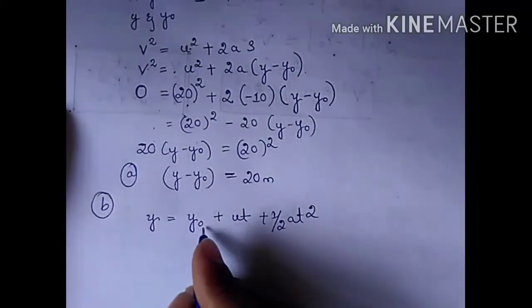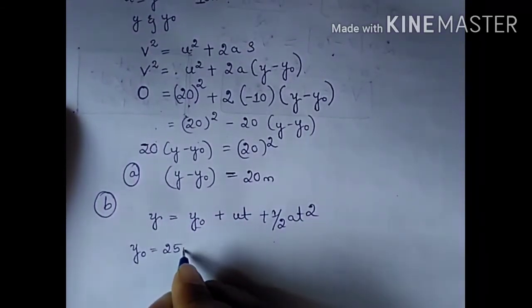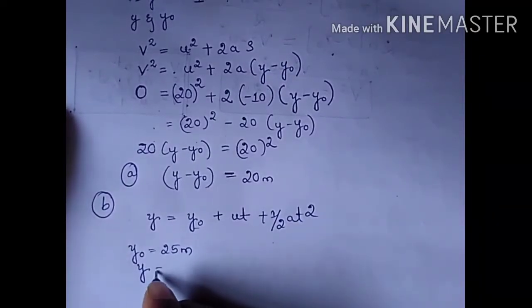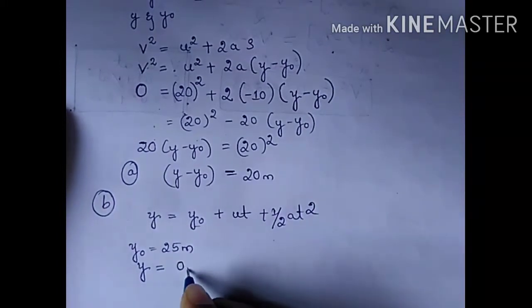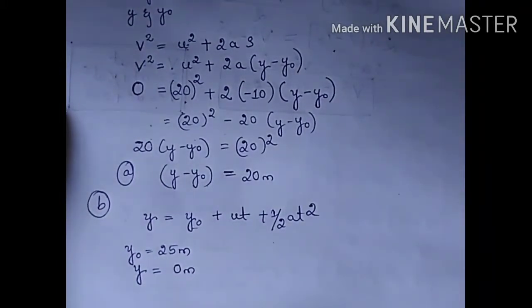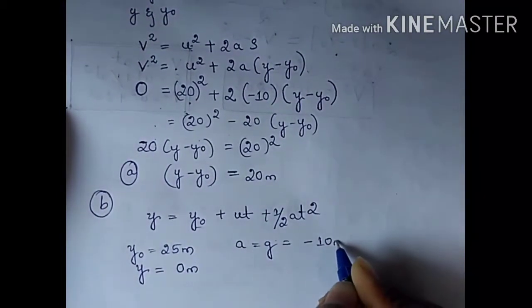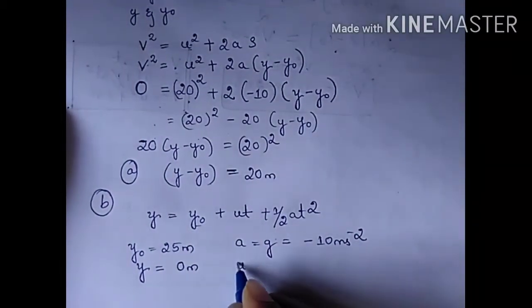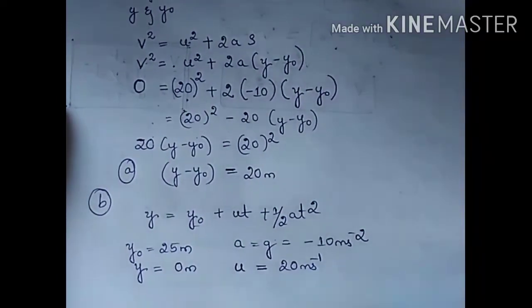The initial position of the body is y0 equals 25 meters from the ground, so the ground is the origin. What is y? The final position of the ball is at the ground, so y will be 0 meters. Acceleration due to gravity is minus 10 meters per second square, and the initial velocity of the ball was 20 meters per second.